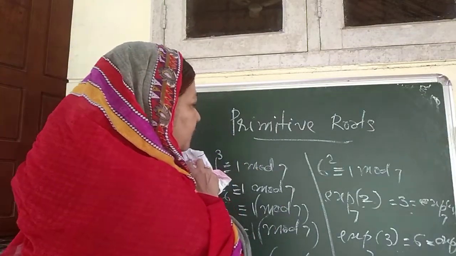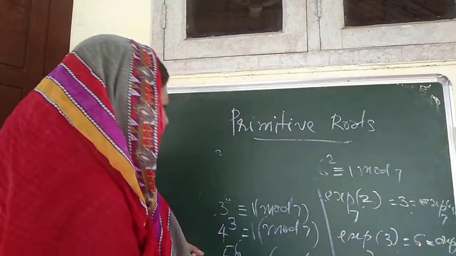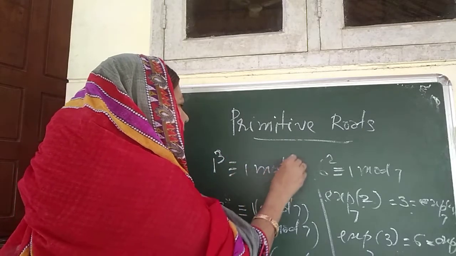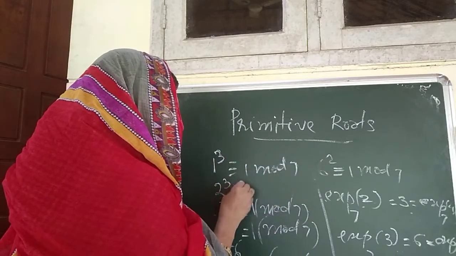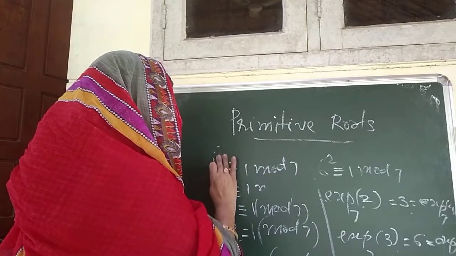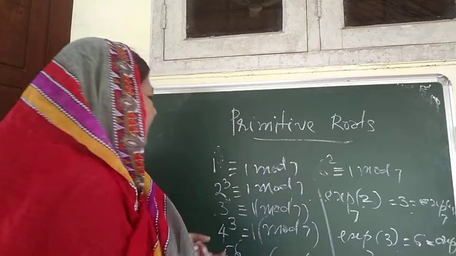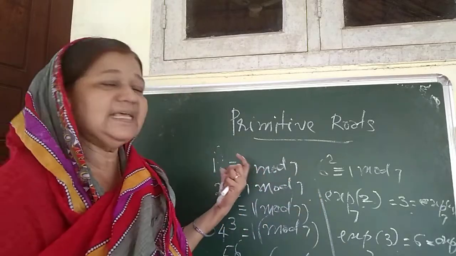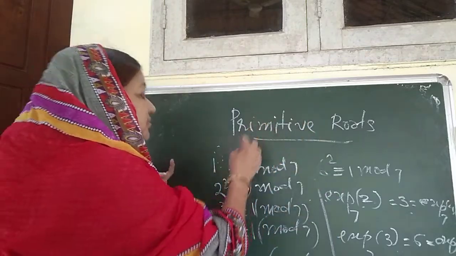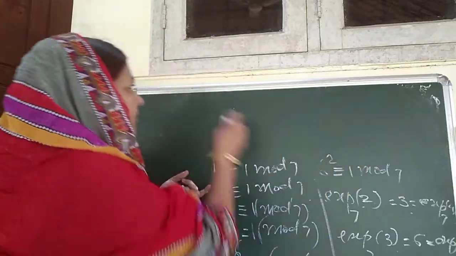That is, the exponent of a number is the least positive number f such that a raised to f is congruent to 1 modulo m.